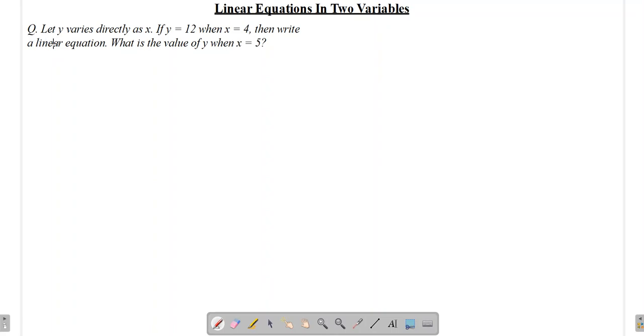If you go through the physics concepts, we know that when something varies directly, we write it in a special manner. It's written y varies directly as x. That means y is directly proportional to x. This is how we write in physics if something is directly proportional to another quantity.